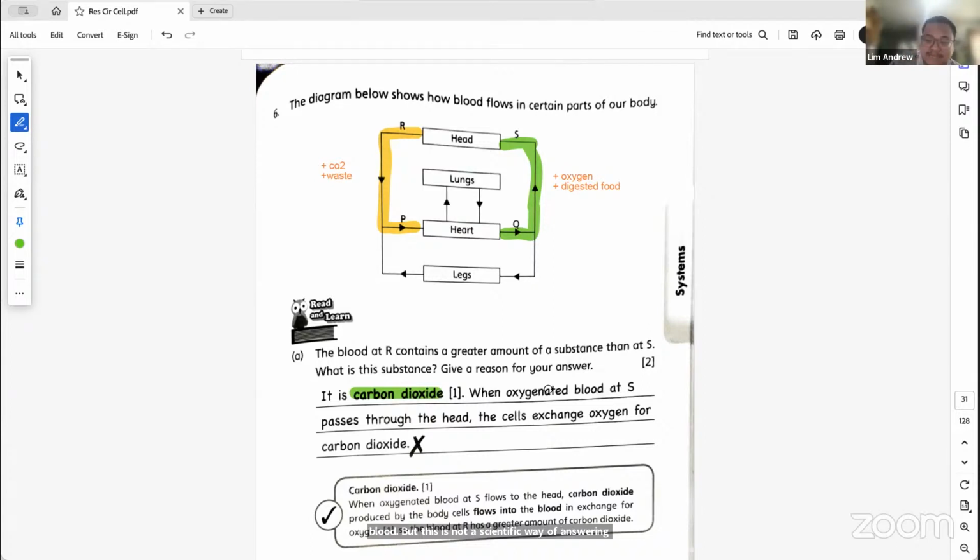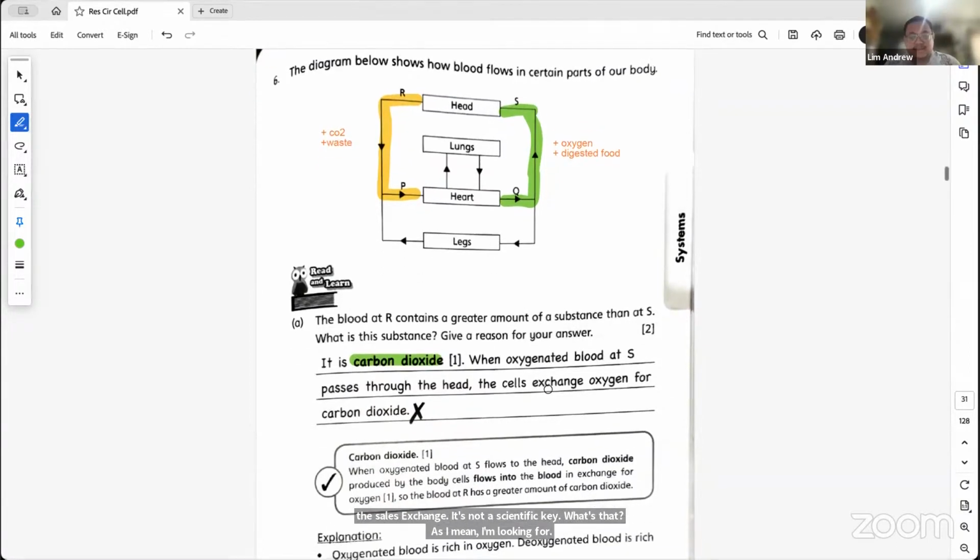So if you were to just say that, oh, the oxygenated blood at S passes through the head, the cells exchange oxygen for carbon dioxide, this is wrong. Because "the cells exchange oxygen" is not the scientific keywords that the examiners are looking for.